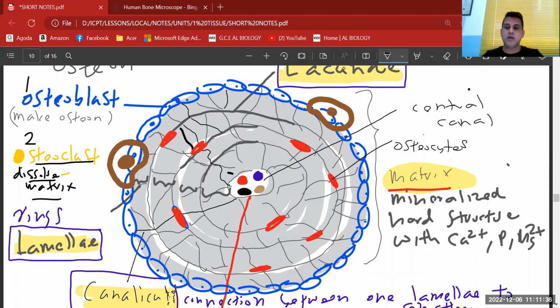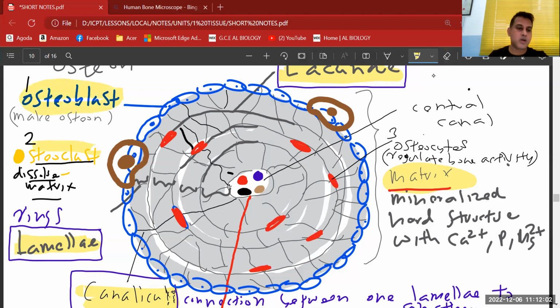They regulate bone activity. Their function is to regulate bone activity, the formation of bone, or maybe the removal of bone. These activities are controlled by these cells. So they have three types now. So what are the cells? Osteoblast makes the bone, osteoclast, and osteocytes.